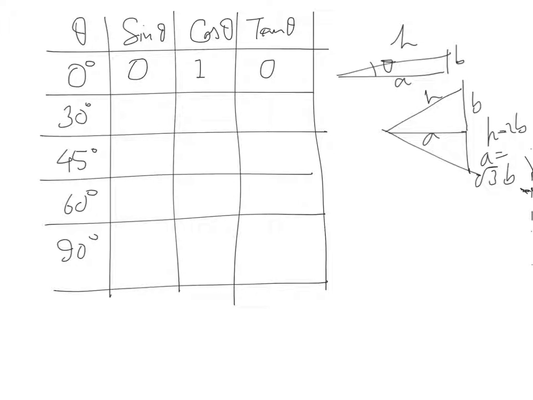Therefore, for this angle theta, sin theta is equal to b by h, which is 1 by 2. Cos theta is equal to a by h, which is root 3 by 2. And tan theta is equal to b by a, which is 1 by root 3.